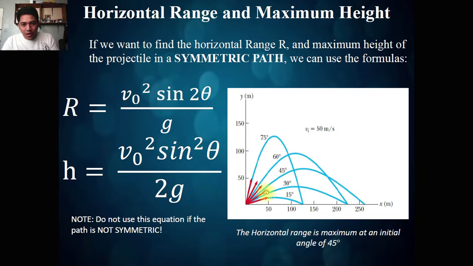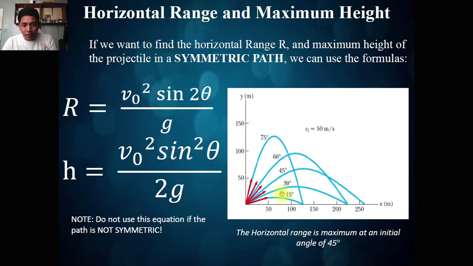So it is actually visible in this graph that we can maximize the horizontal range if the angle of launch is 45 degrees. As you can see in the figure, the projectile has traveled a horizontal range of more than 250 meters. And that is because of the equation of the horizontal range.